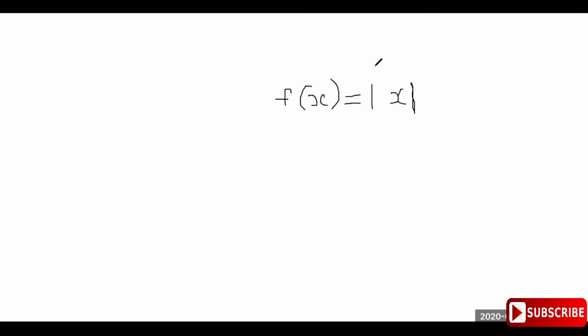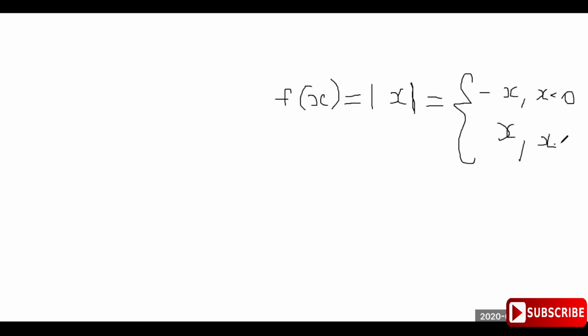All right, and so what the modulus does is the modulus is a function such that it's equal to minus x when x is less than 0, and it's equal to positive x when x is greater than 0.